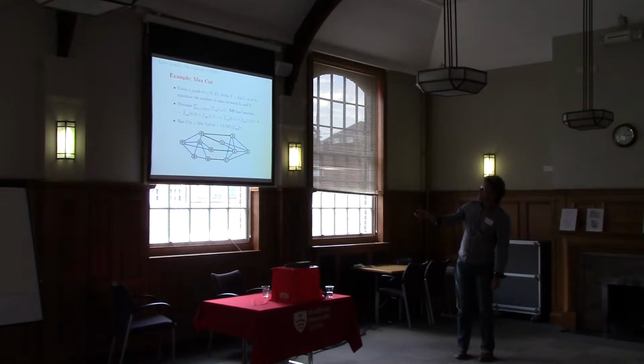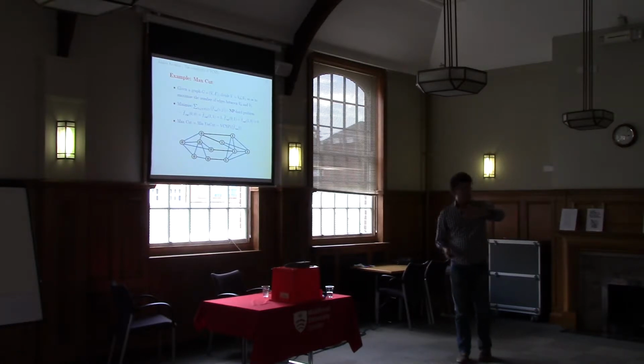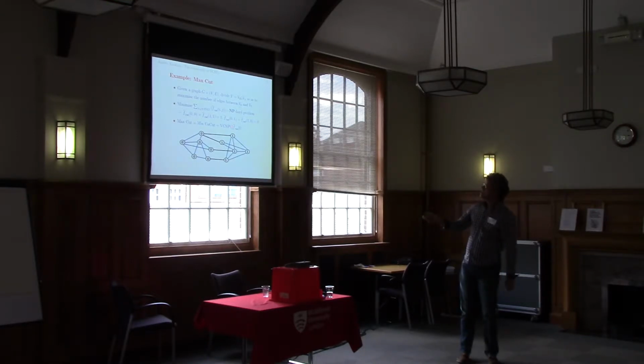So when we minimize this sum, it's the same as minimizing the number of those guys, which is the same as saying we want to maximize the number of those guys. So this is why max cut is the same as min uncut. So maximizing the number of edges in the cut is the same as minimizing the number of edges that are uncut, and that's VCSP for this single function.